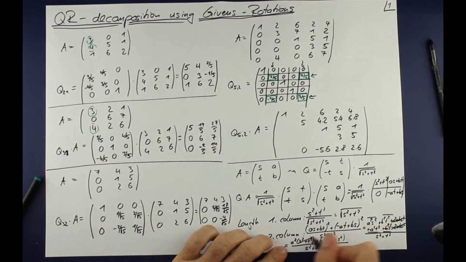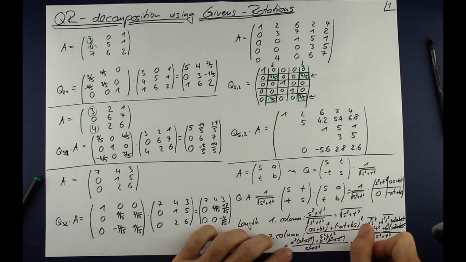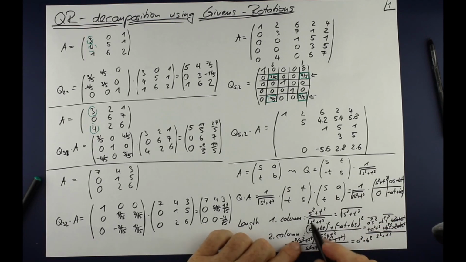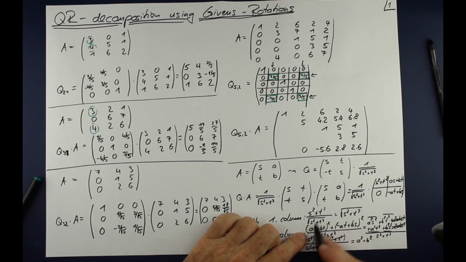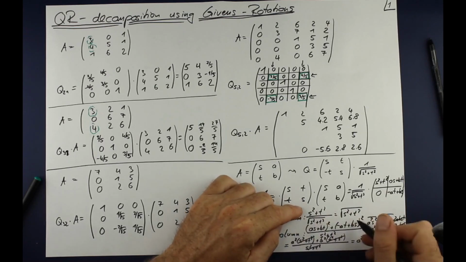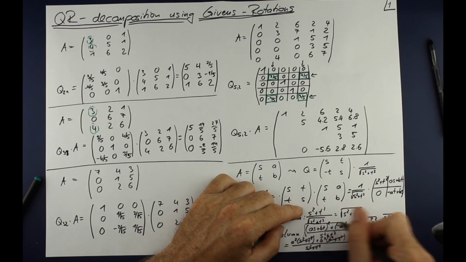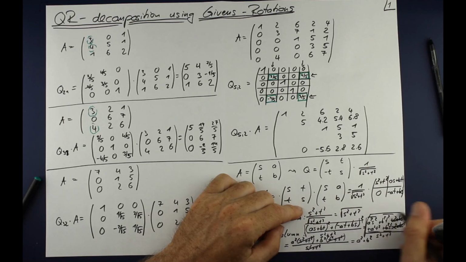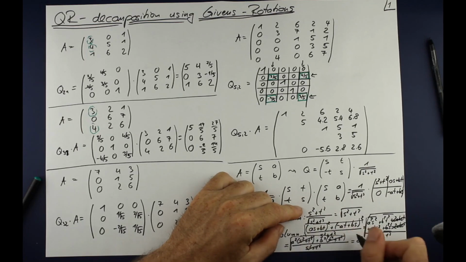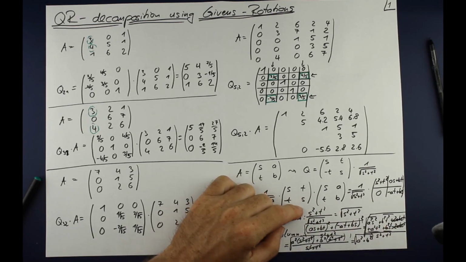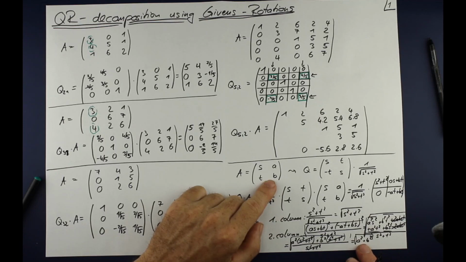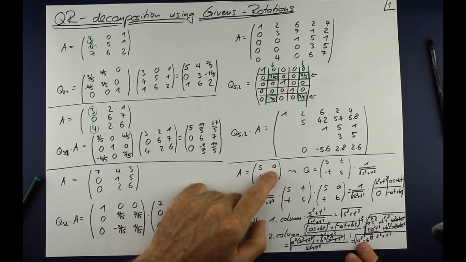And now this cancels, and we have A squared plus B squared. And the length of that was not what I've written down, but the square root of that. And that means that we have proved the length is kept.